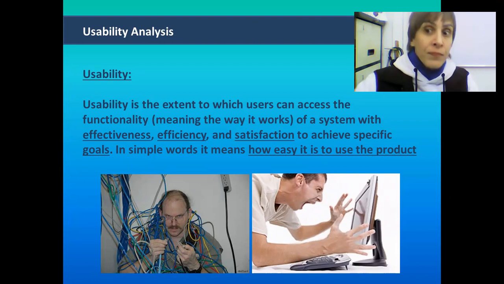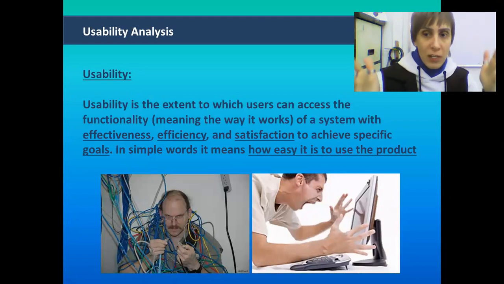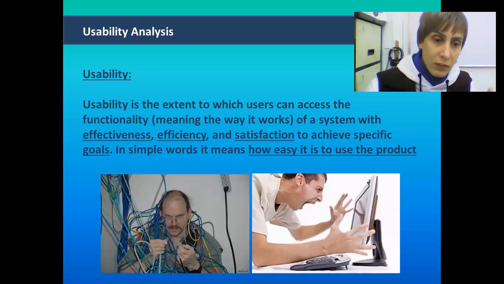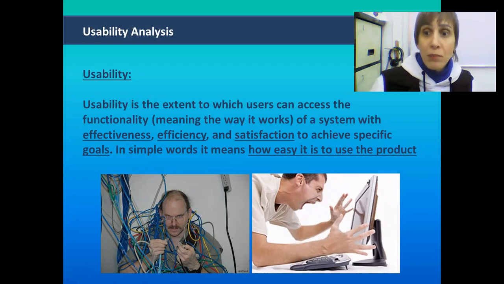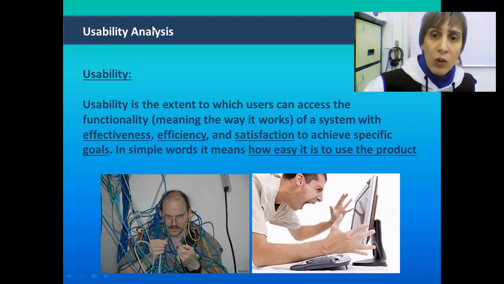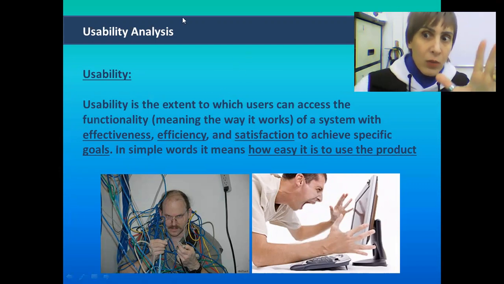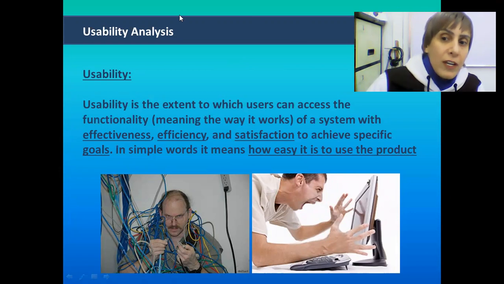So you have to read a manual. The bigger the manual that you have to read, the more complicated the product. Some products you can buy, and straight away you know how to use them. You don't need to read anything.